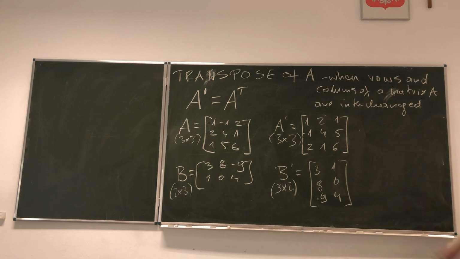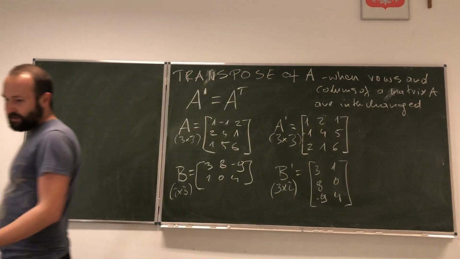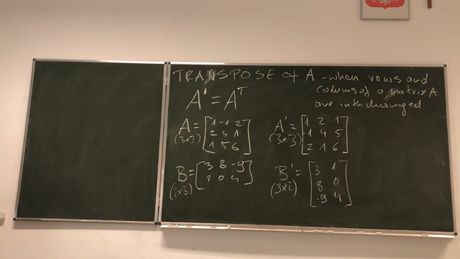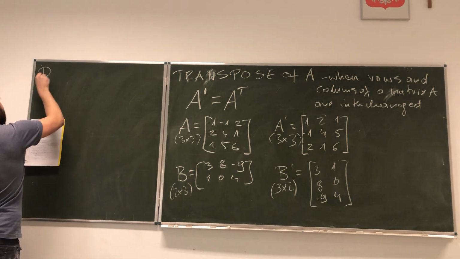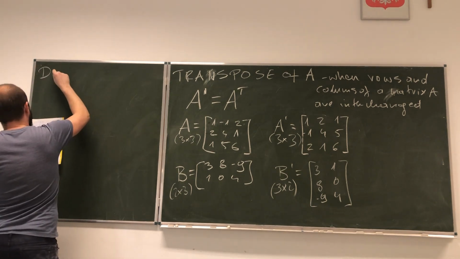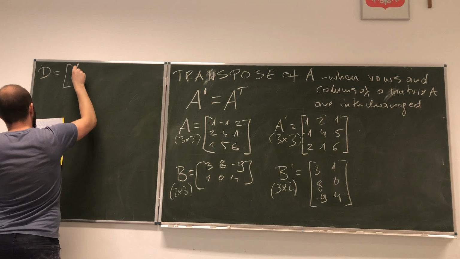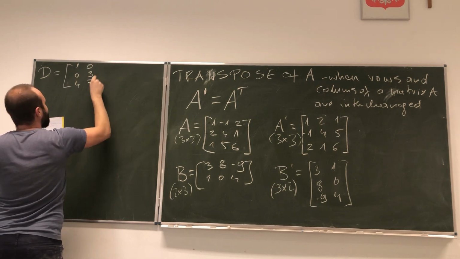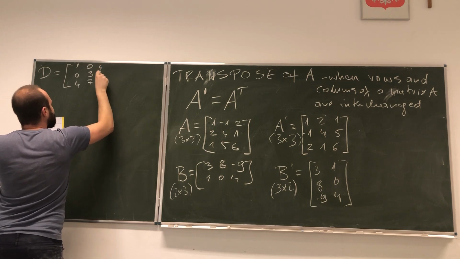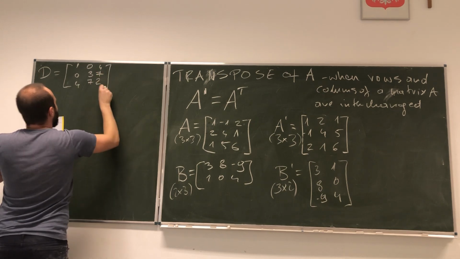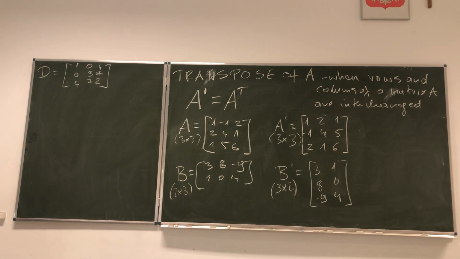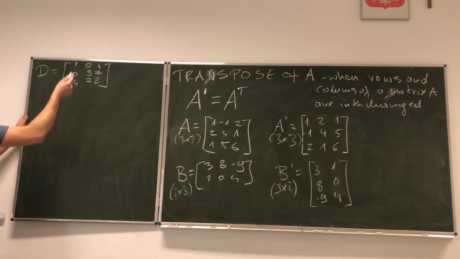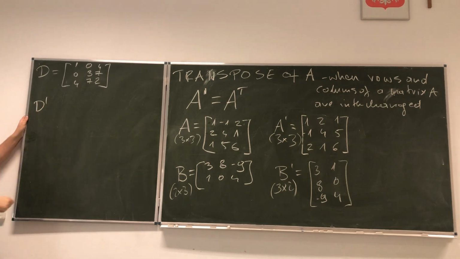Okay, still not very complicated, but let's see what happens with matrix D. Matrix D is 1, 0, 4, 0, 3, 7, 4, 7, 2. Now I'm going to transpose this matrix.